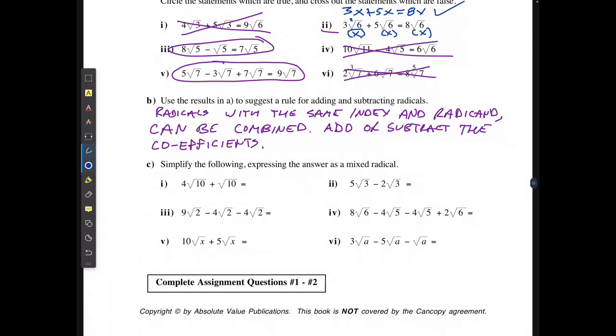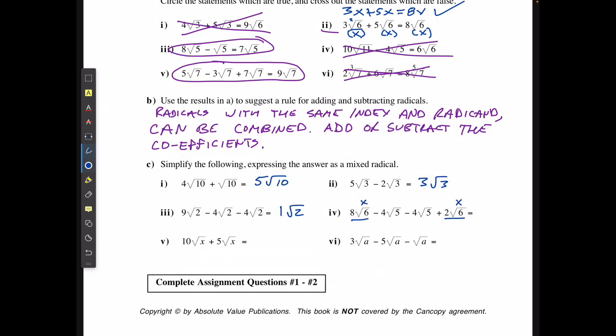So if that's true, if I have 4 root 10 and root 10, then I have 5 root 10s. If I have 5 root 3, take away 2 of the root 3s, then I'm left with 3 root 3s. 9 minus 4 is going to leave me with 1 root 2. If I have 8 root 6 and 2 root 6, the root 6s are the same, so I could think of those both as x's.